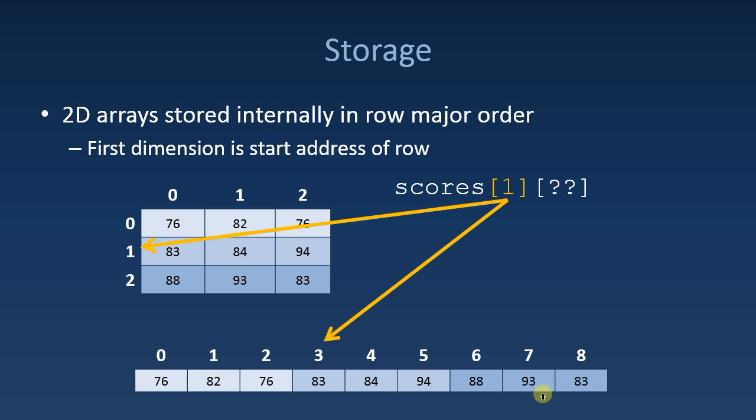That's where this piece of data is. So the only way we can use the row number to find where the row starts is if we know exactly how many columns there are. And that's going to come in very important in just a minute.